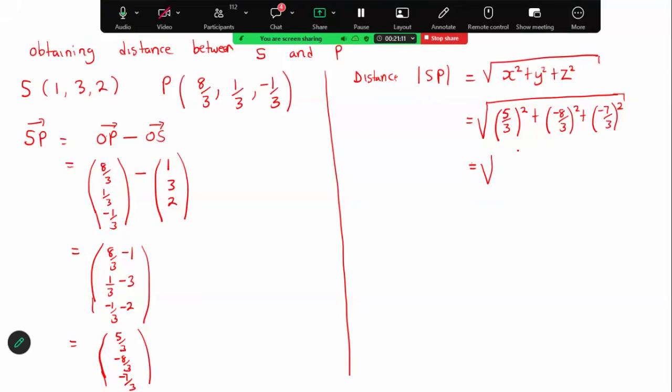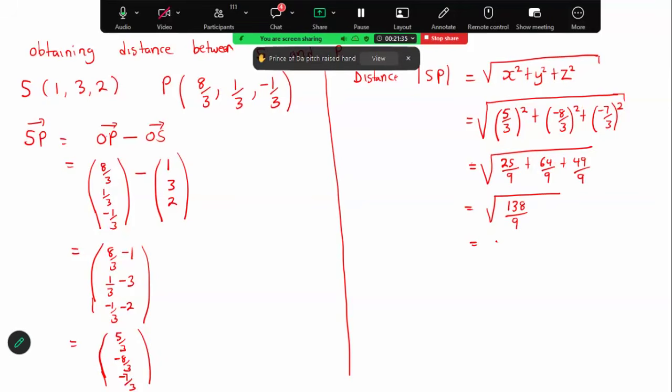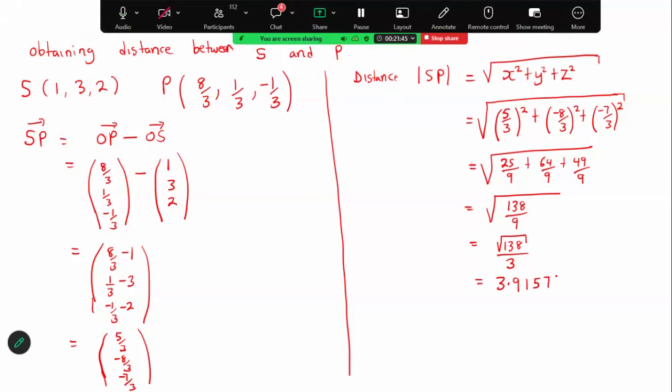So when you continue, we shall have 5 out of 3 squared, which is 25 out of 9, plus 8 squared out of 3 squared, which is 64 out of 9, plus that is 49 out of 9. When you work out 25 plus 64 plus 49, it is 138 out of 9. So here, when you place your calc, let me first write it as 1 out of 3, which is the same as 3.91578. Now that is what you are going to write.